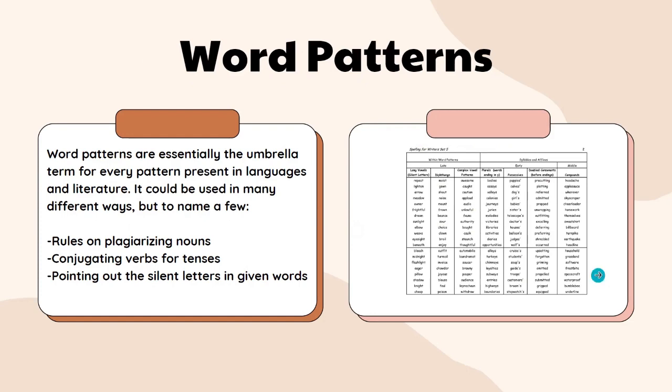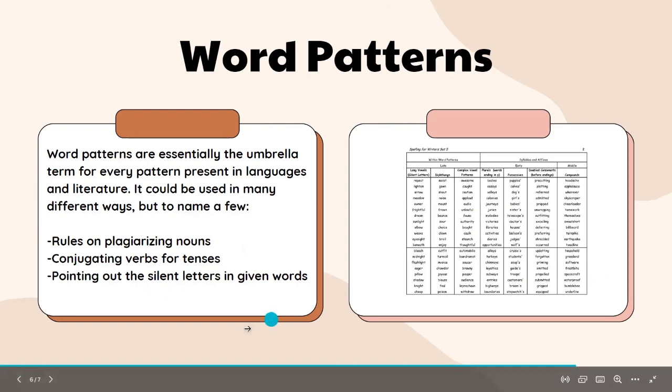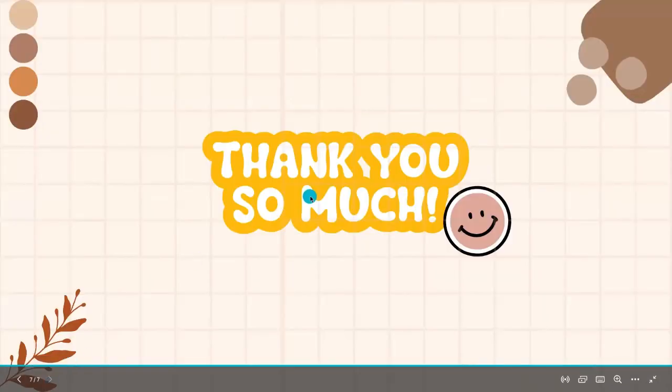Word patterns is an umbrella term for the different patterns present in languages, considering that there are a lot of them. To name a few: one, rules on pluralizing nouns; two, conjugating verbs or tenses; and three, pointing out the silent letters in certain words. So that's pretty much it.